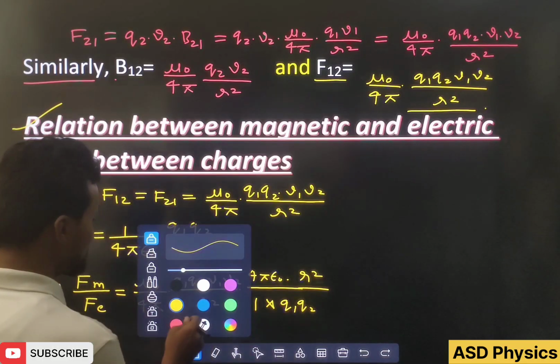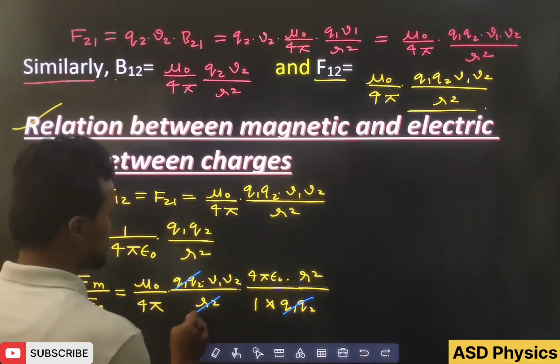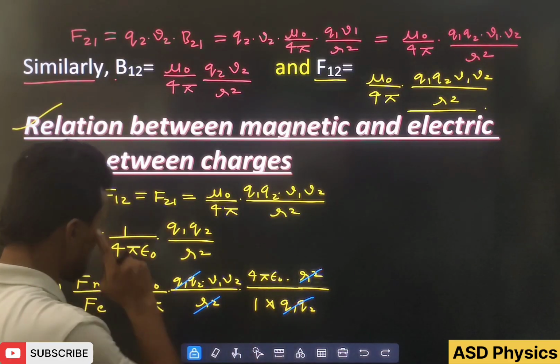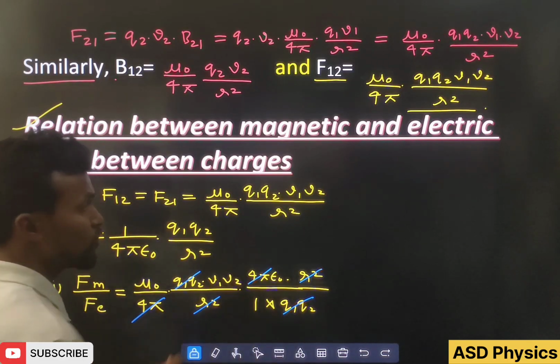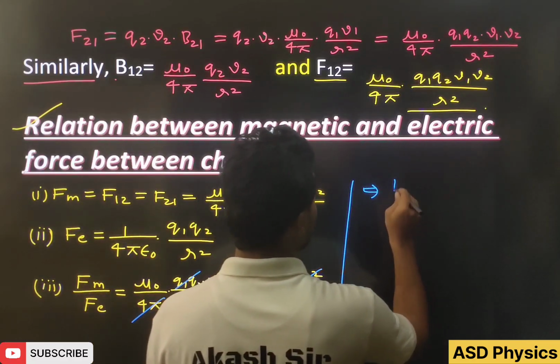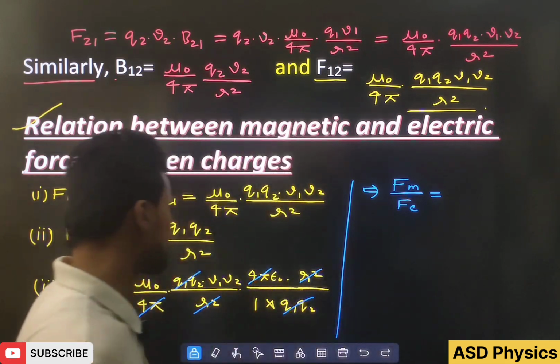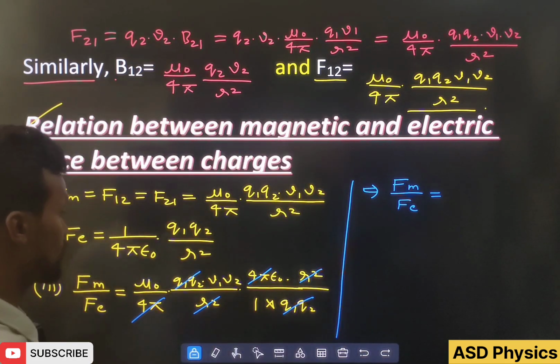Now students, the rest of the things will cancel out. This Q1 Q2 cancels, this R square cancels, and this 4 pi also cancels. That means we can write, very, very important, very interesting, Fm by Fe is equal to mu naught epsilon naught.